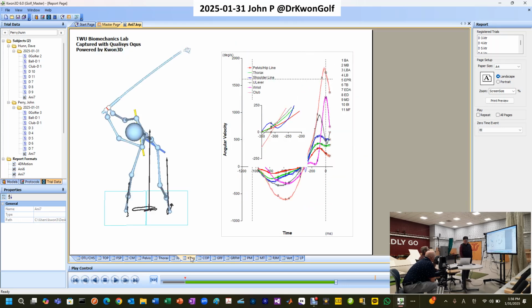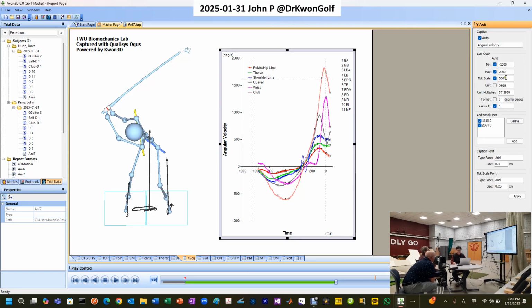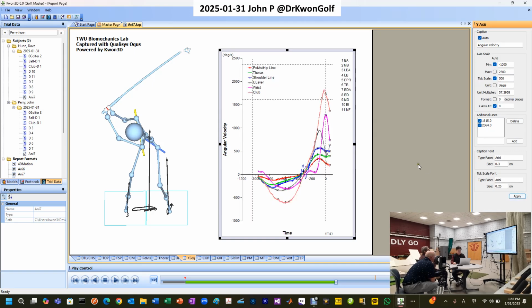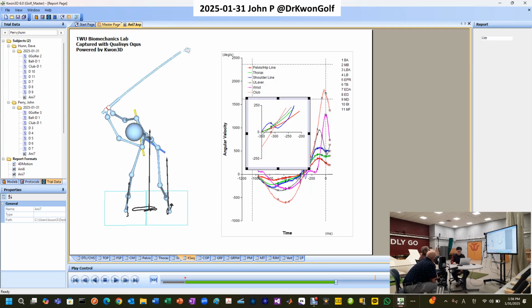Now here's the kinematic sequence. This is basically the angular velocity pattern here. Let me change the range a little bit. This blue line is the shoulder line.